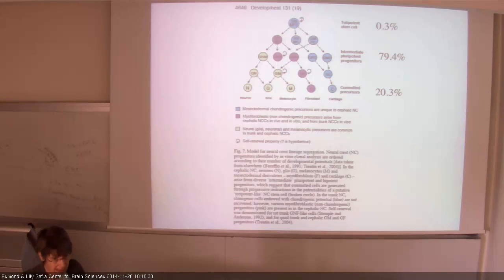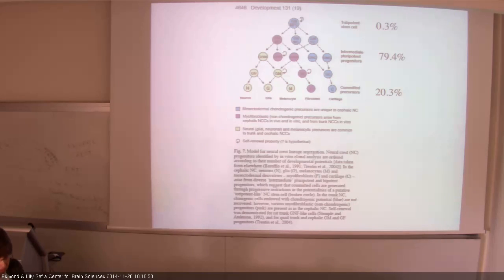So the conclusion of this type of experiments at that time was essentially that the crest as a whole, as a population, is composed of a mixed type of progenitors, some of them multipotent, and all the rest still the monopotent situation.